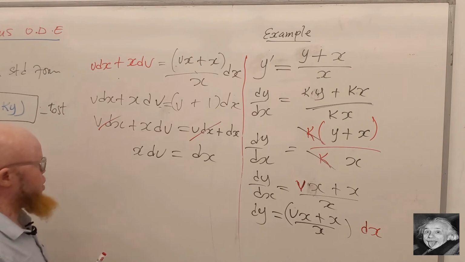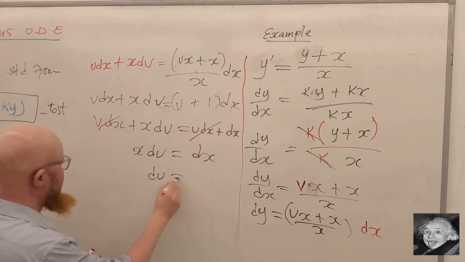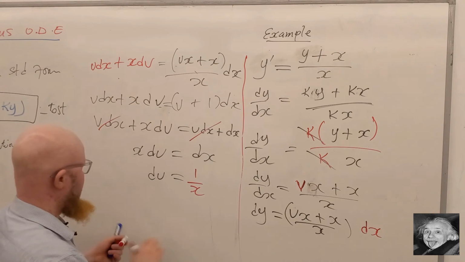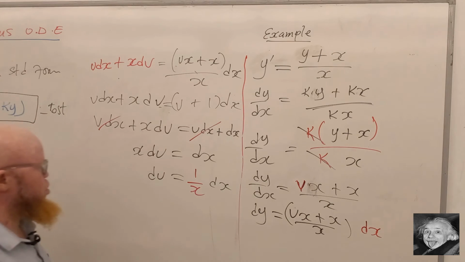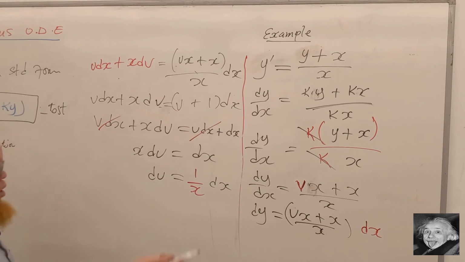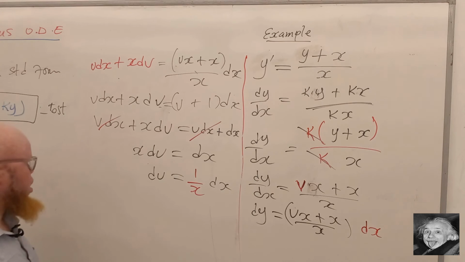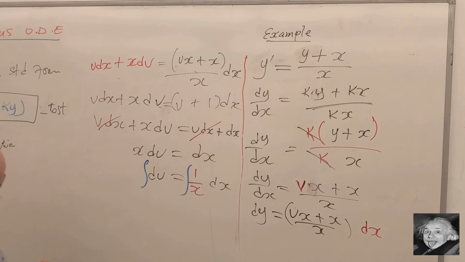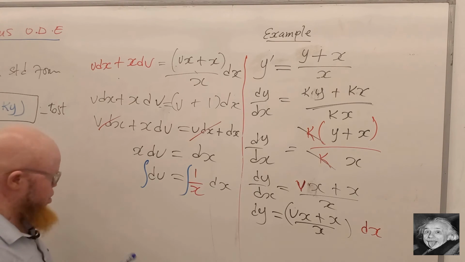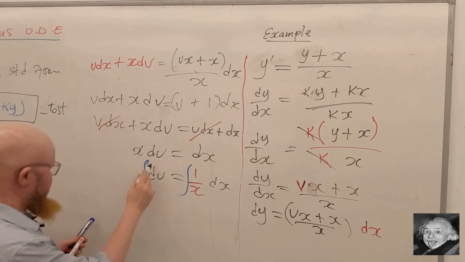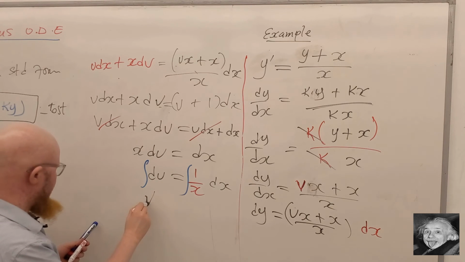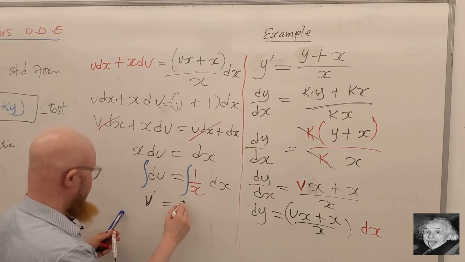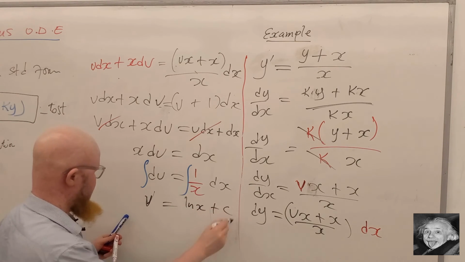So how am I going to separate them? It will be dv is equal to 1 over x dx. Then I can integrate both sides. If I integrate both sides, I'll have v here, because it's 1, so v is equal to, if I integrate this, ln x plus c.